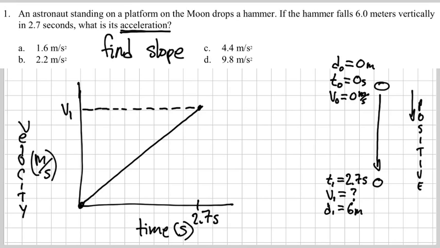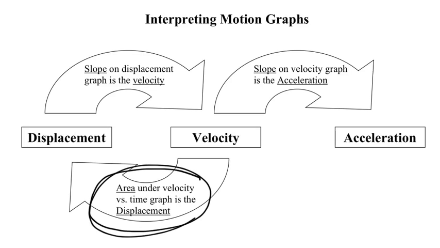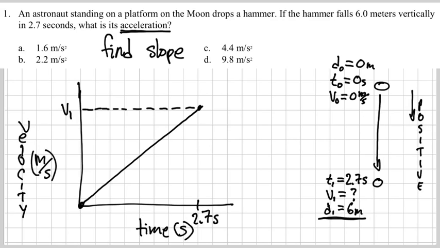Okay, so the information that we have is that the displacement is 6 meters. If we go to this sheet again, we see that the area under the velocity versus time graph is the displacement. So the area up to 2.7, the area under this graph right here, is the displacement.